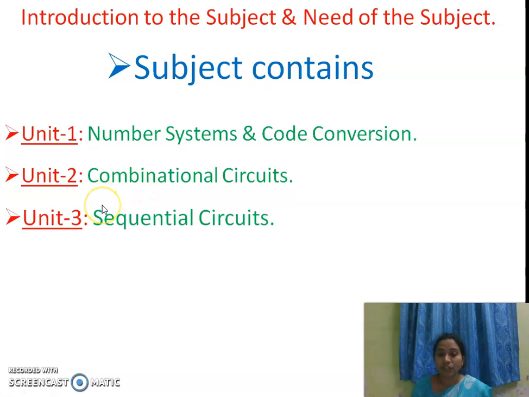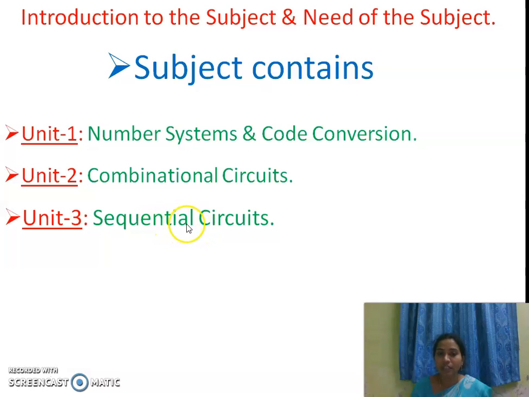Then go for the third unit, sequential circuits. In sequential circuits, what is the difference between a combinational circuit and a sequential circuit? Individually we will learn to represent the sequential circuit. In it, we will learn latches and flip-flops. There are different types of flip-flops: SR flip-flop, JK flip-flop, D flip-flop, T flip-flop and master-slave flip-flops.